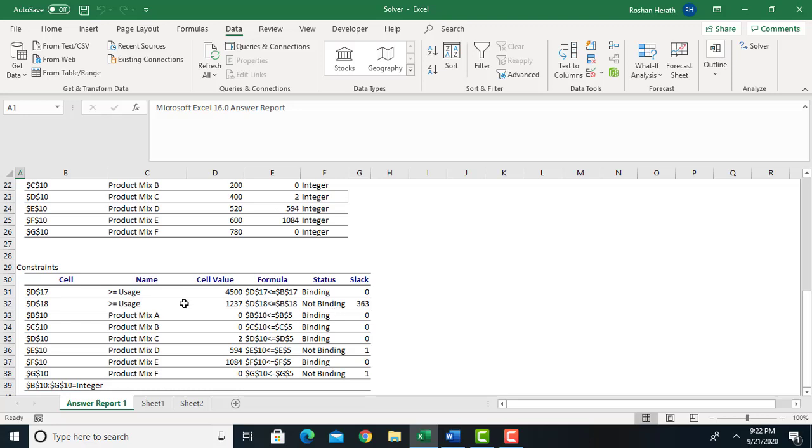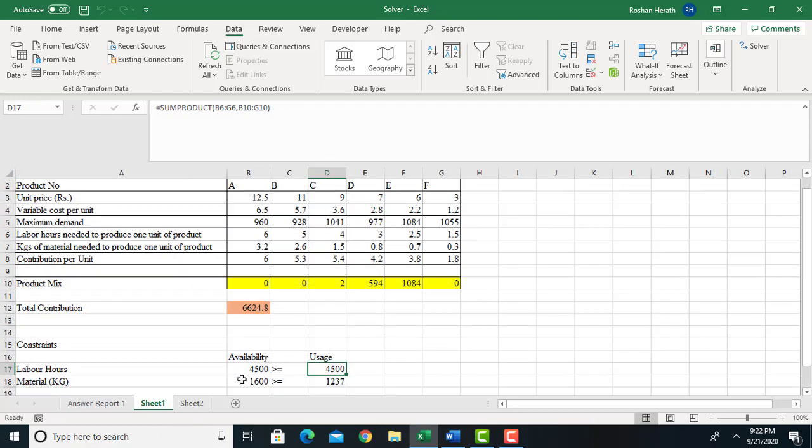But if you look at the second constraint, it's about the material. It says that it is not a binding constraint because there is a slack available. Slack available. What is that? The availability of this material is 1600. Depending on this scenario, all that you had utilized is 1237. So that is not a critical constraint for you because you have some additional.